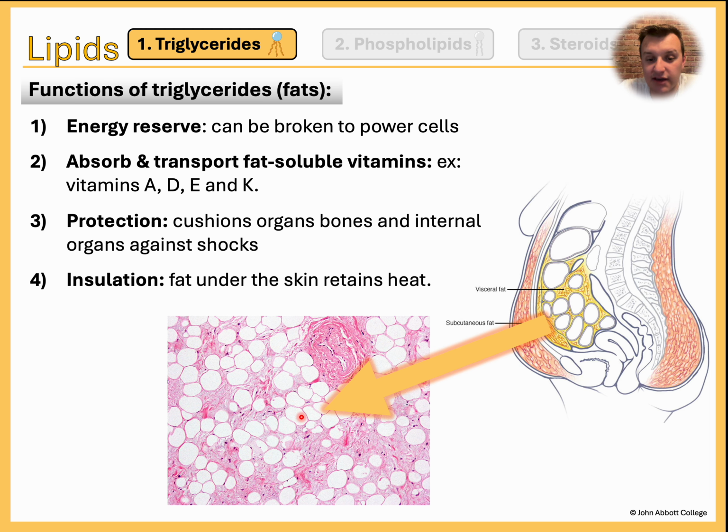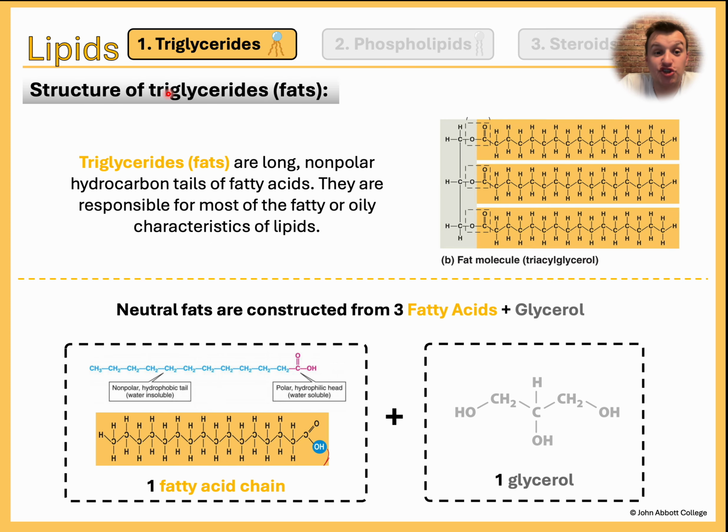This is interesting because this is where all that fat is stored. This is where triglycerides are stored. All that fat that you have will have these storage areas full of triglycerides. And so these are fat cells, okay? So these were the functions of fats. Next thing, the structure of triglycerides, of these fats, right?